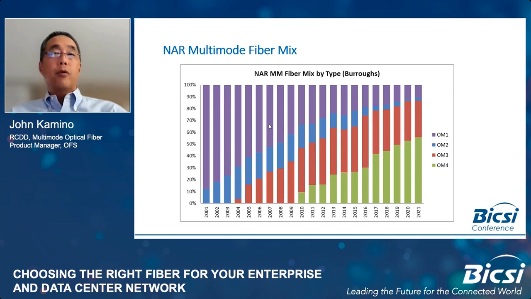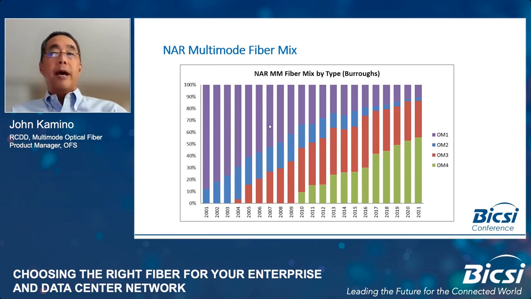In 2004, we start to see the deployment of laser optimized OM3 fiber. These are the fibers that were designed to support laser optimized applications. We see that grow rapidly through 2009, 2010, when OM4 fiber becomes standardized, and we start to see that fiber growing in volume.